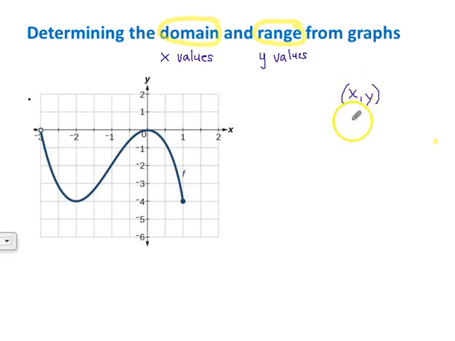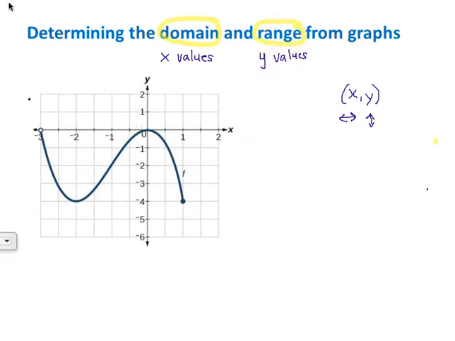Remember, your x coordinate tells you if you're going left or right, whereas the y coordinate is telling you if you're going up and down. So we are going to look at graphs and determine all of our possible x values, or our domain, and we can also tell somebody all of our possible y values, or the range.